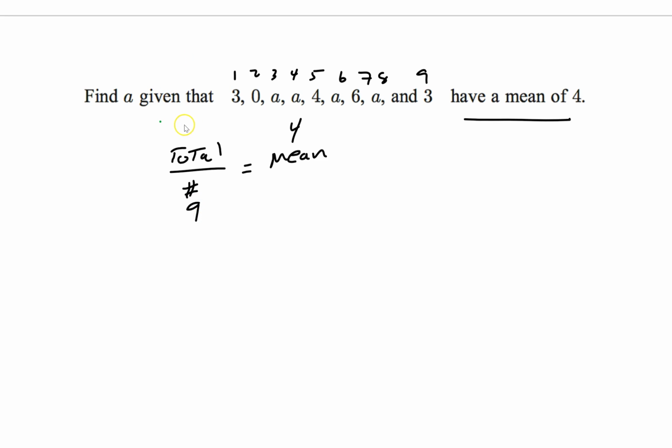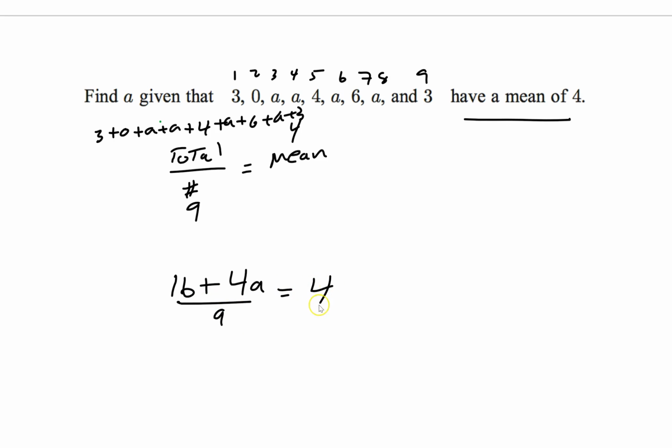So the difficult thing is to find the total, which, well, add them all up. That's how you find the total. So 3 plus 0 plus A plus 4 plus A plus 6 plus A plus 3. If you simplify all that, it looks like you get 16 plus 4A all over 9 equals 4.